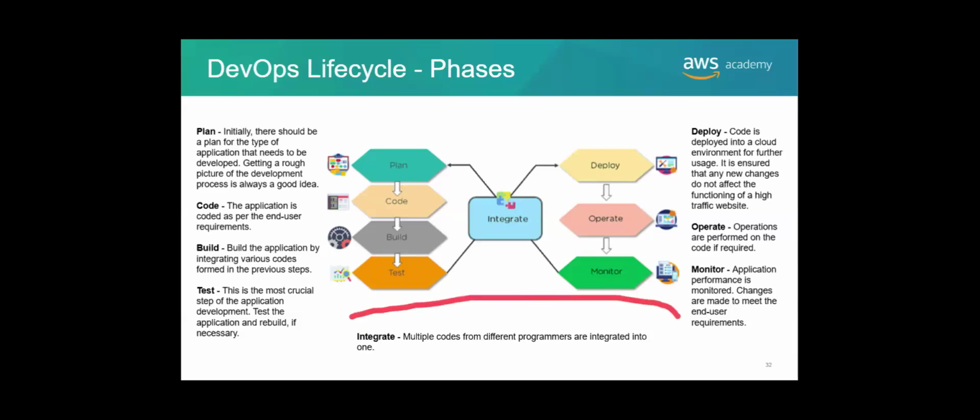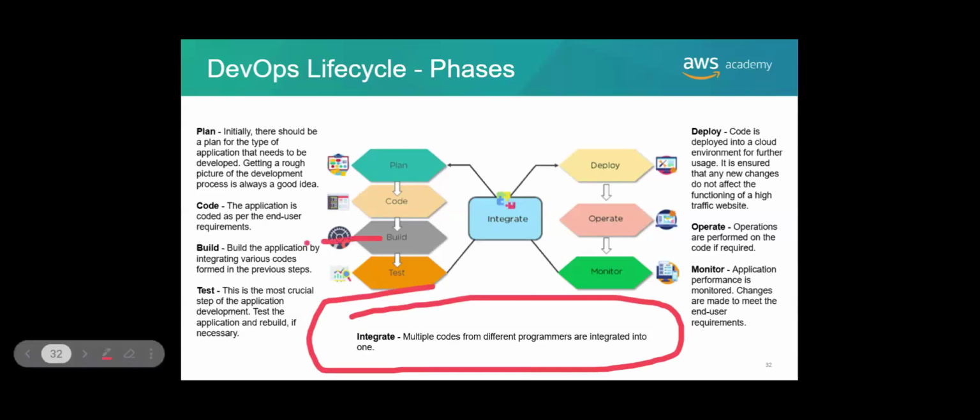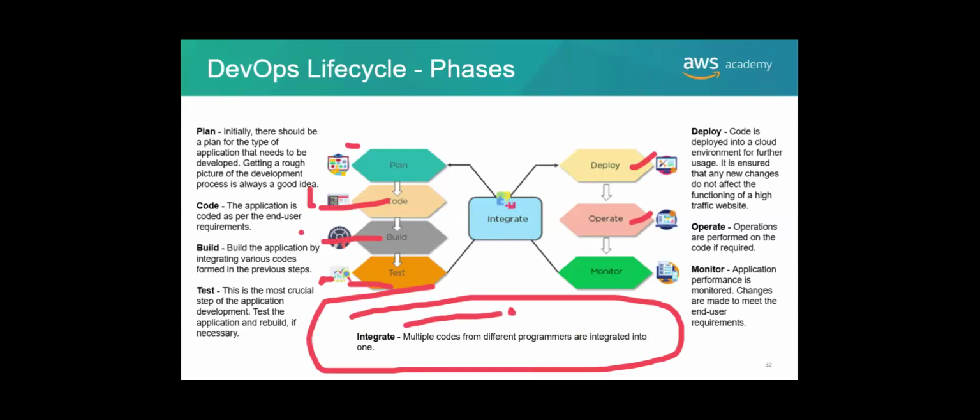What is this integration? The building phase is with the development team, the testing phase is with the testing team, and there are the planning, deployment and operation phases. All these things have to work together on a single platform.